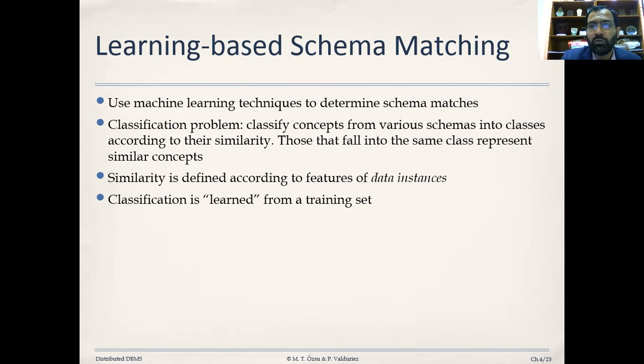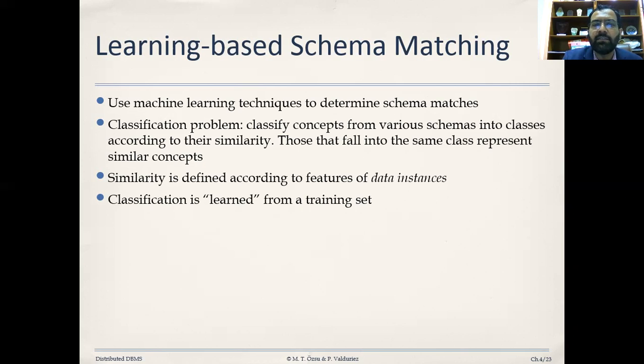You define those concepts and then you observe whether those elements or instances fall into it or not. If they fall into it, it means they are the same and they belong to a similar class. That helps you to match those elements or even match the schema.